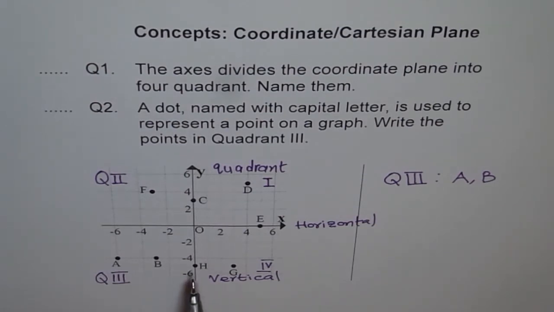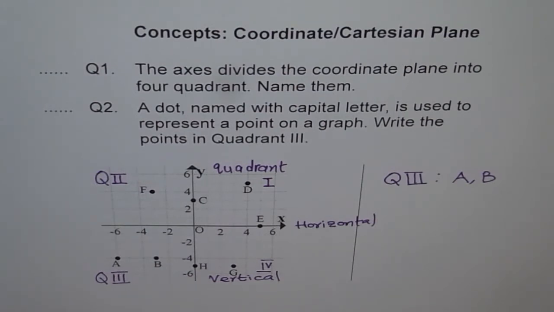H is on the boundary of 3 and 4. At times, H can be considered in both quadrant 3 as well as quadrant 4. But for our discussion, I will not consider H to be a part of quadrant 3.